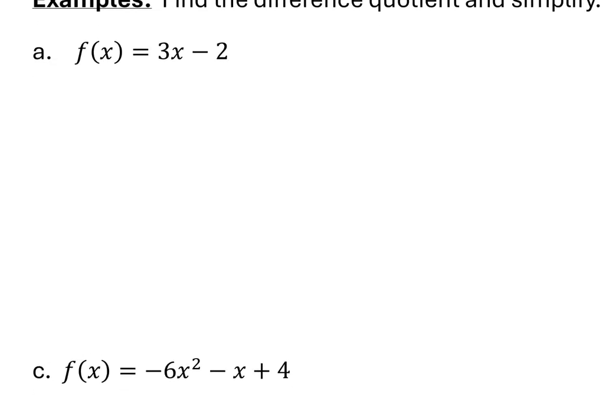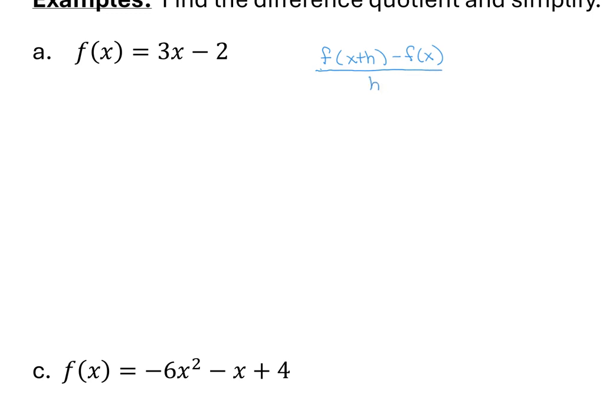All right, so let's start with f of x equals 3x minus 2. So we have our formula again. Don't worry, you are not going to be required to memorize this formula. You will be given this formula in this class, but it is one that you will need to memorize at some point. So we have f of x plus h minus f of x over h.